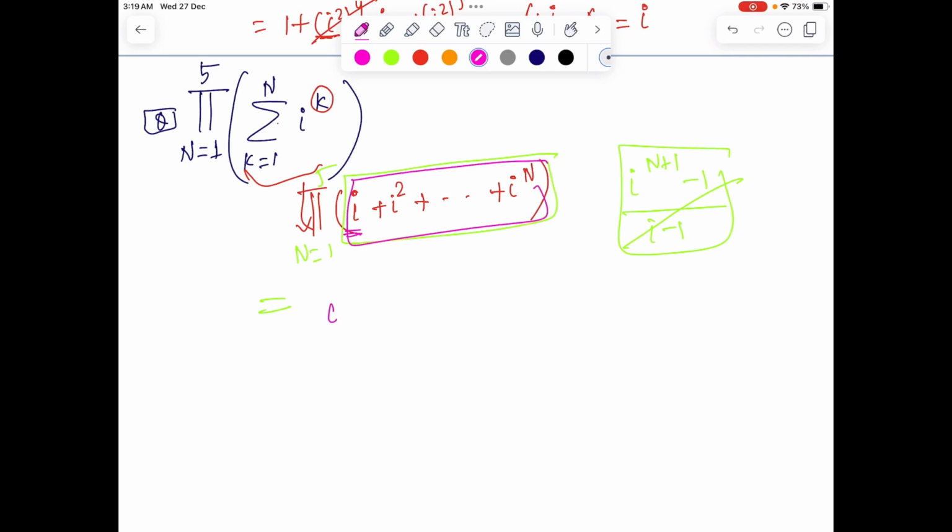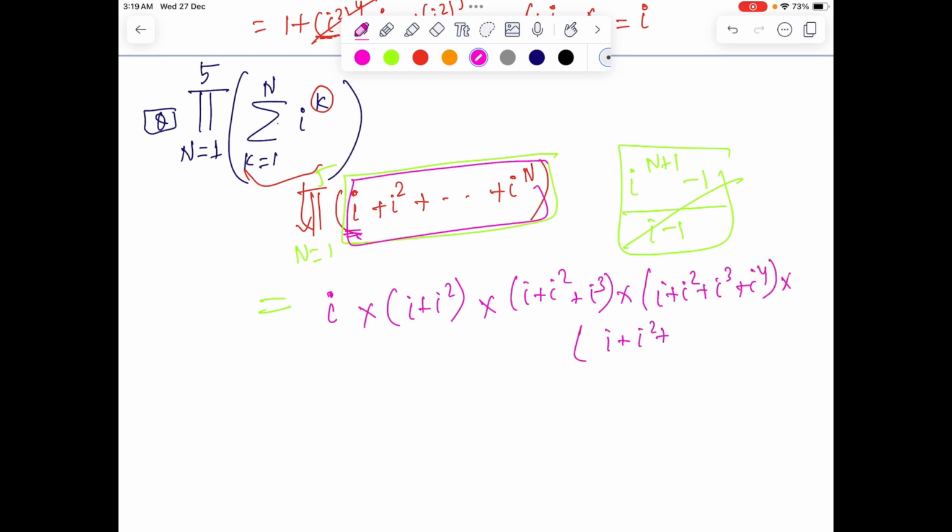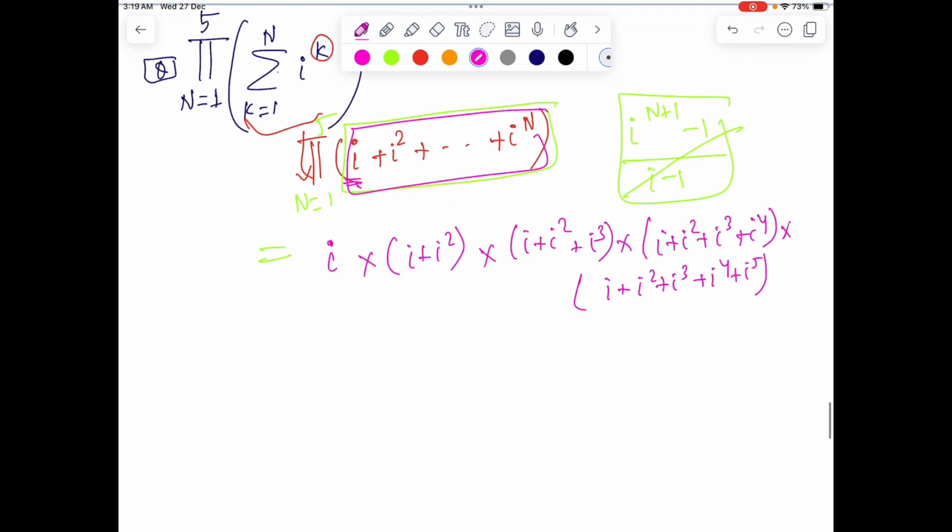if I keep n equals 1, I'll just get i to the power 1, which is the first term, into put n equals 2. So i plus i squared, then 3, 4, and then we can take n equals 5. And now we can clearly say i into (i plus i squared) is going to give you i minus 1.